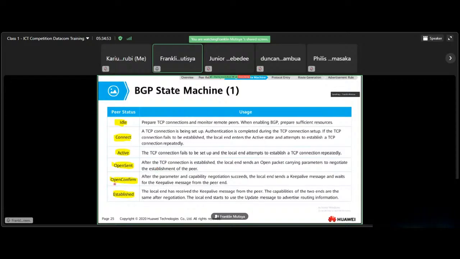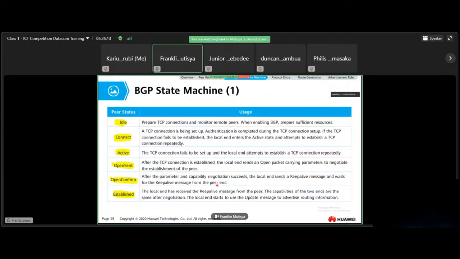Then you have the open confirm. This is the state where, after the parameters and capability negotiations in the open message have been negotiated successfully, the local router sends keep alive messages and waits for the keep alive messages to be acknowledged.